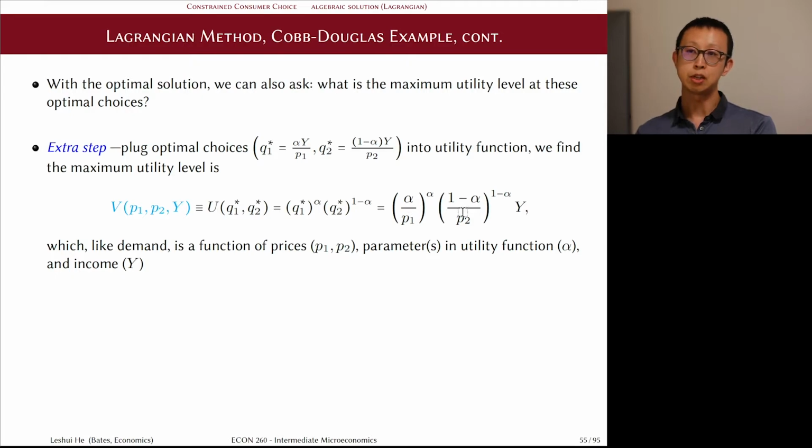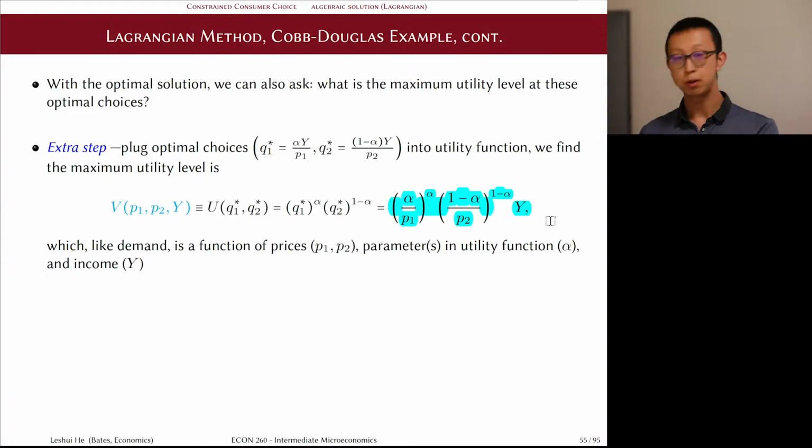Then because in each term you would have Y being raised to the power of alpha and Y being raised to the power of 1 minus alpha, we can pull the Y terms out and collect them. Their powers add up to 1, so that will give us this particular expression. Now we obtained a level of utility expressed entirely by the exogenous variables of P1, P2, Y, and alpha.